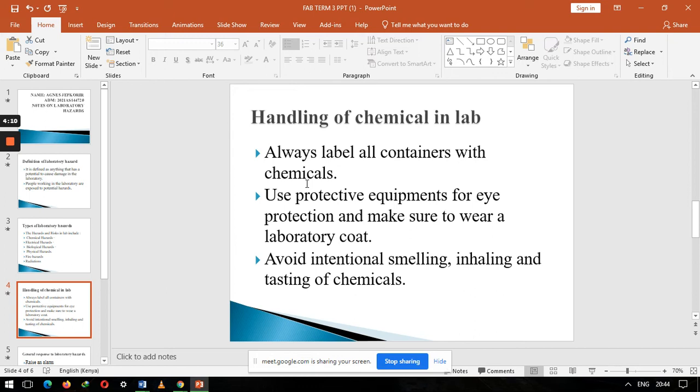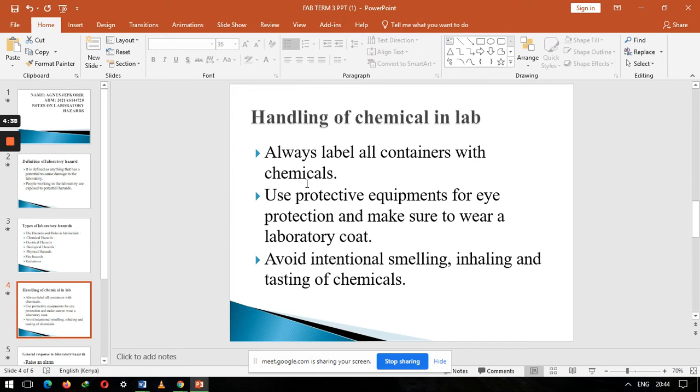Always label all containers with chemicals. Yes, thank you, Deborah. By labeling, we can identify what kind of chemical is contained in what container.